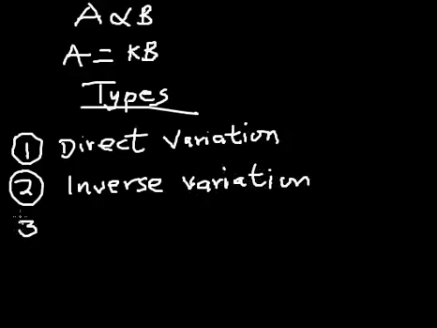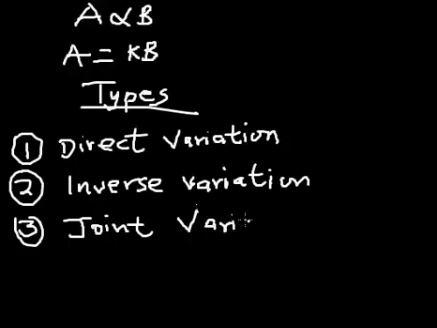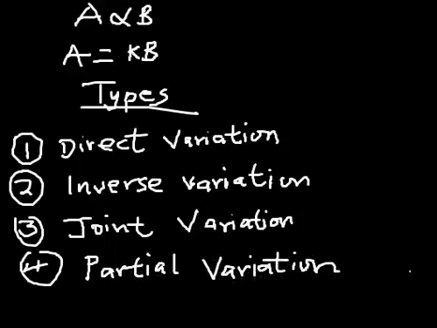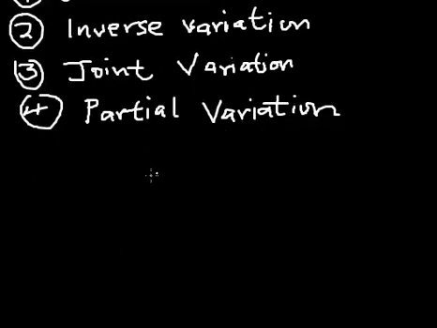Then also we'll talk about joint variation. Then finally, we will talk about partial variation. So these are the different types of variation we're going to handle, and of course we'll solve questions on them. Starting with the very first one, direct variation.